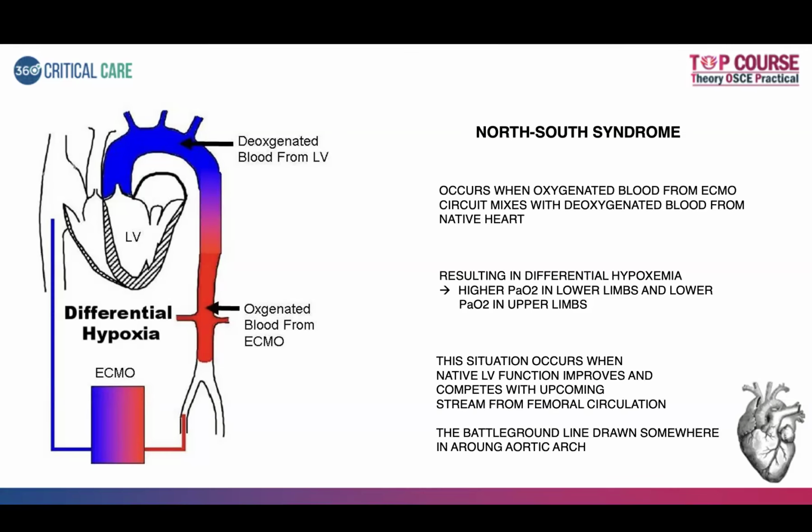This situation occurs when the native LV function improves and competes with the upcoming stream from the femoral circulation. The battleground line is drawn somewhere in and around the aortic arch. This is where usually the differentiation occurs.